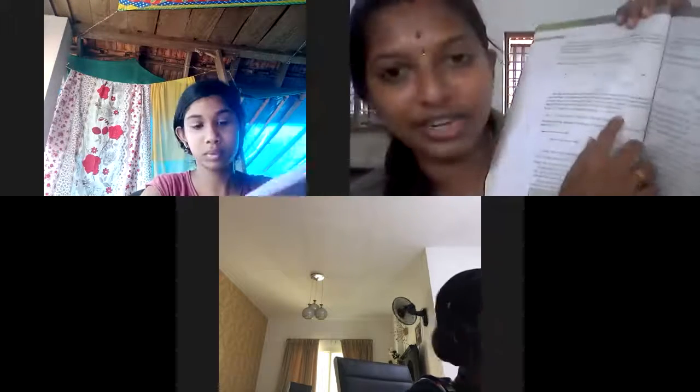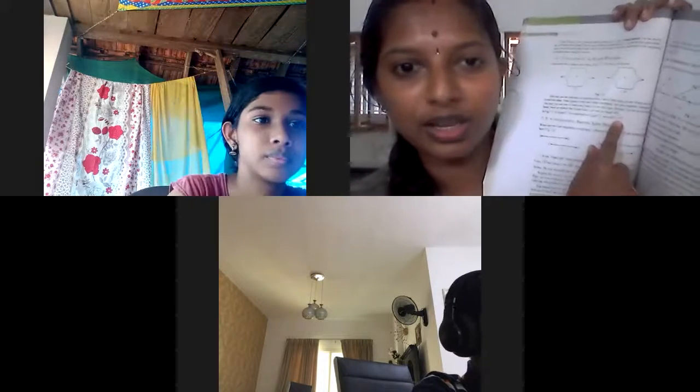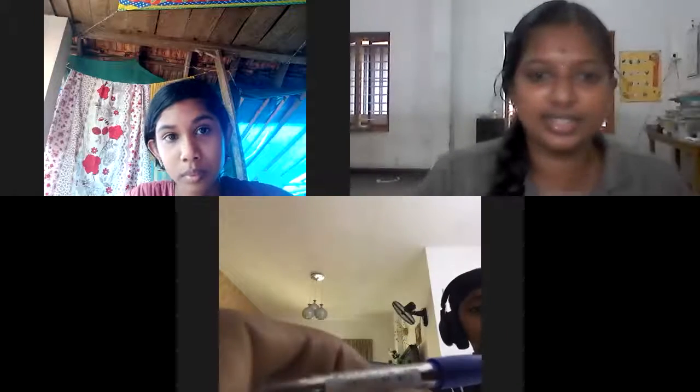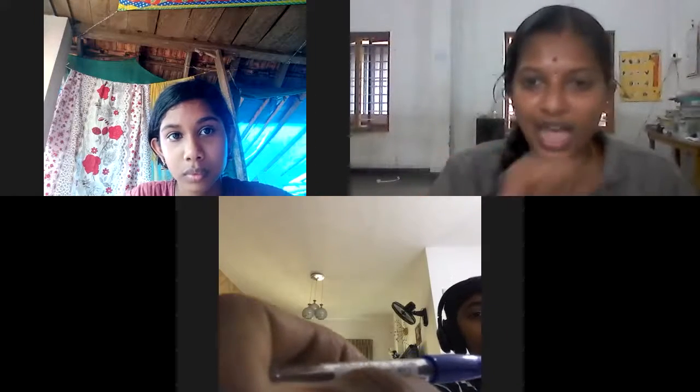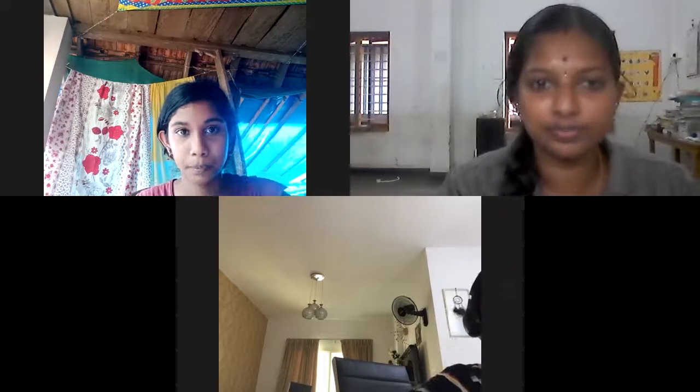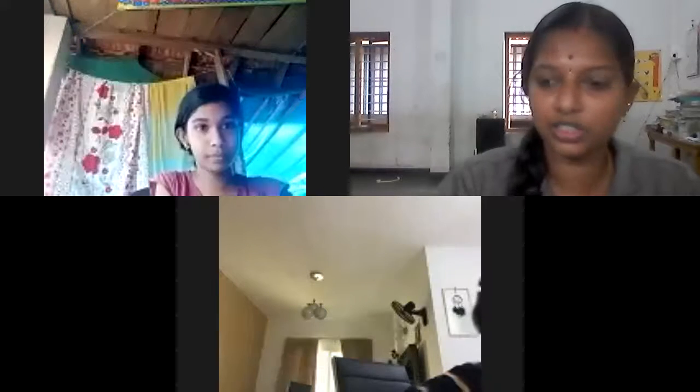Here is the symbol given in your textbook. That means congruence. That is an equal to sign and then an S-shaped curve. That is known as the congruence symbol. I just showed this.